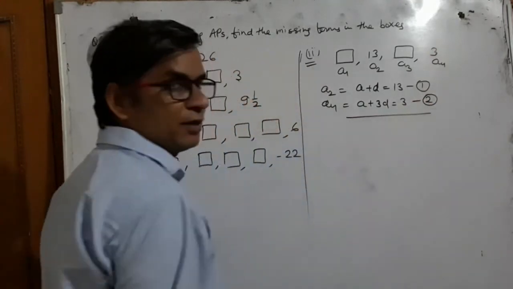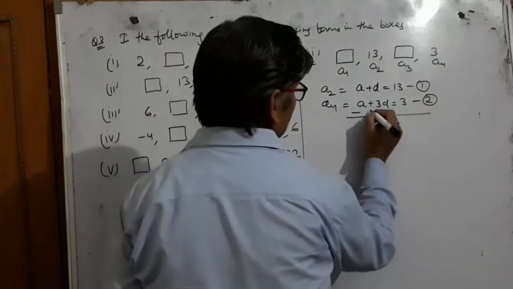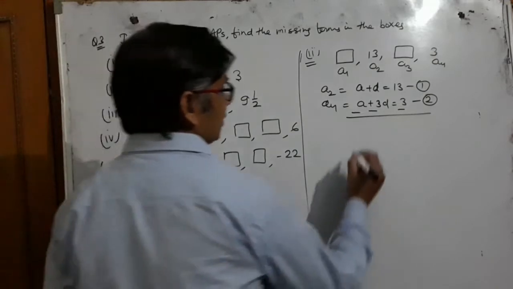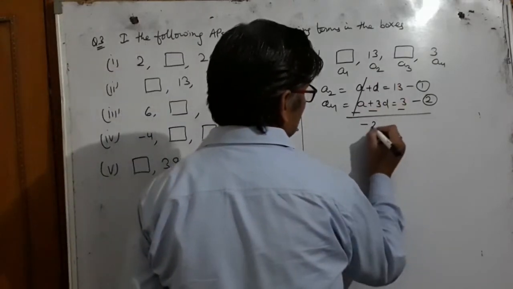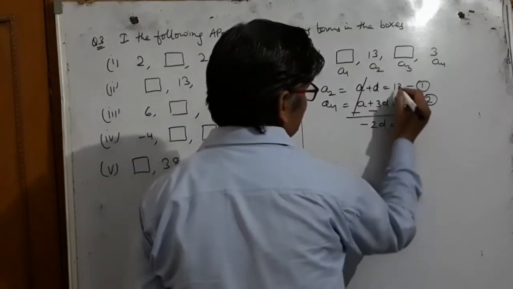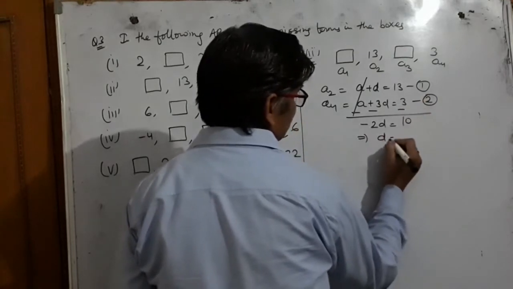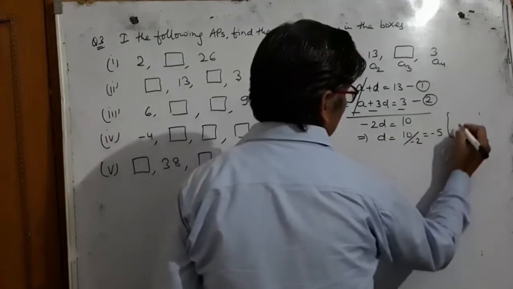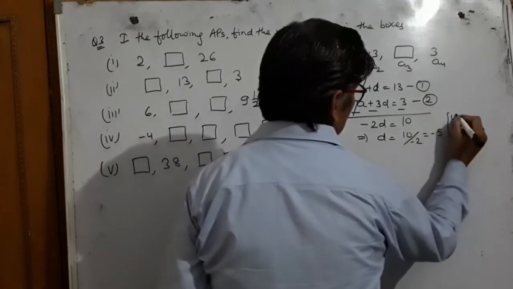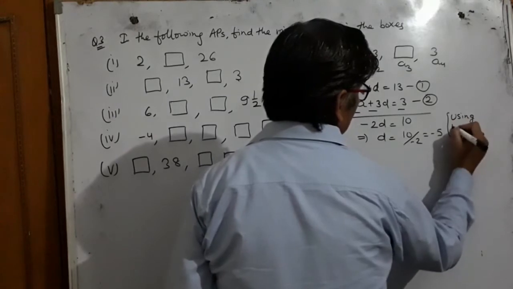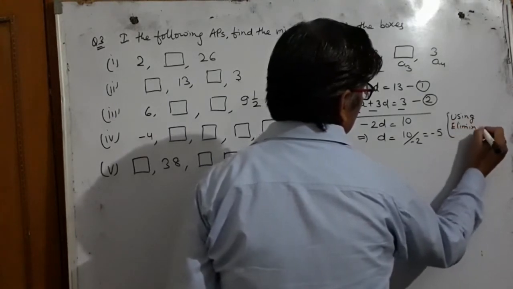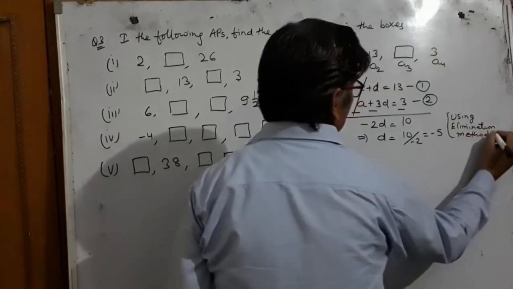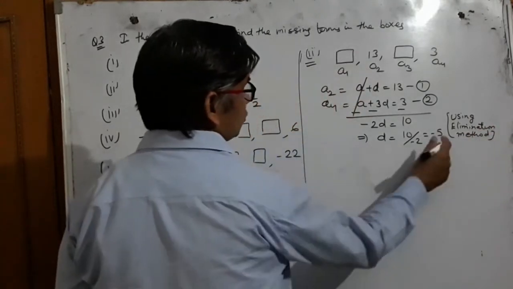By the elimination method, subtracting equation 2 from equation 1, A cancels. Minus 2D equals 13 minus 3, which is 10. So D equals 10 upon minus 2, which is minus 5.